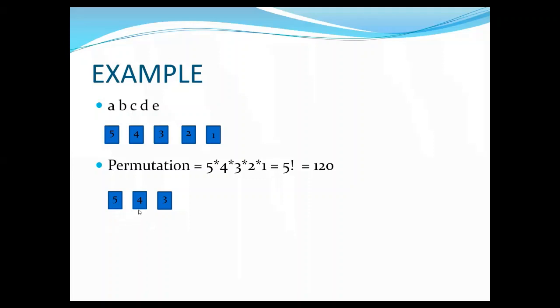Then on the third box, we only have 3 letters. So the number of patterns that could be derived is 5 times 4 times 3 is equal to 60.